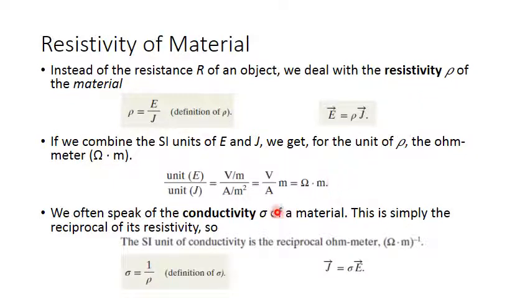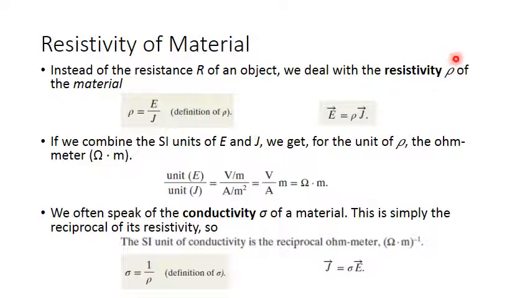Another parameter which is related to the resistivity is the conductivity. The conductivity is actually the reciprocal of the resistivity. So conductivity is abbreviated as sigma, and resistivity is abbreviated as rho.